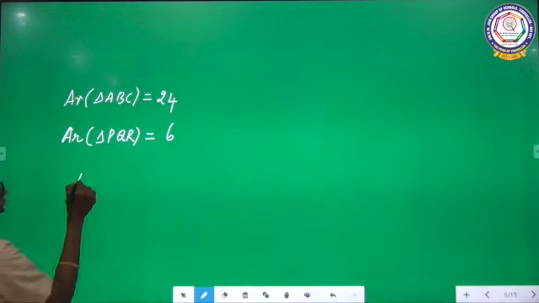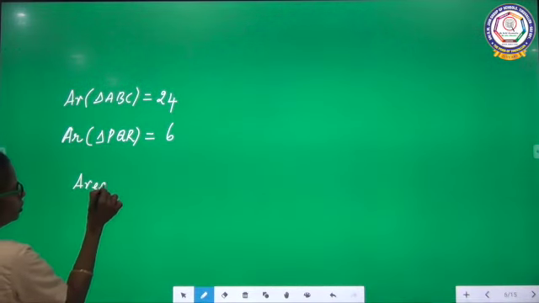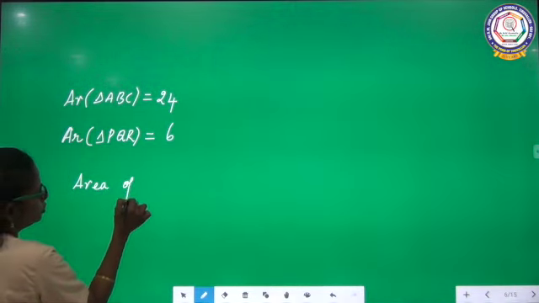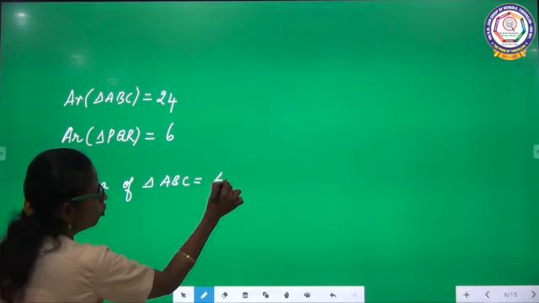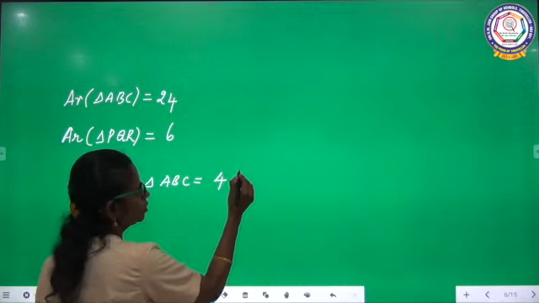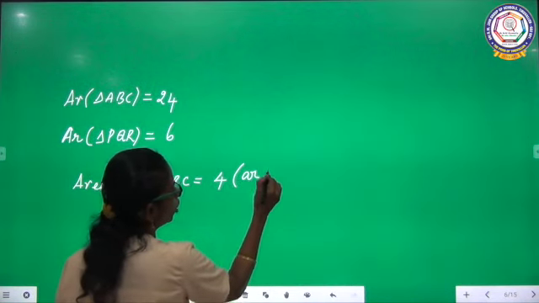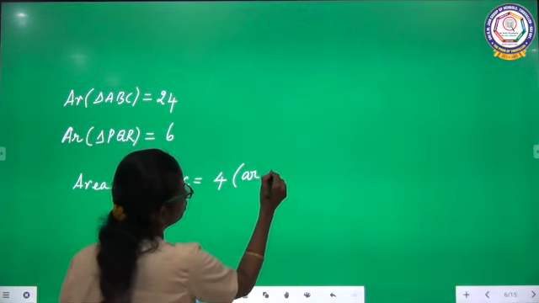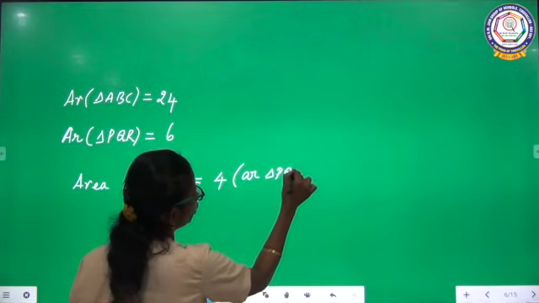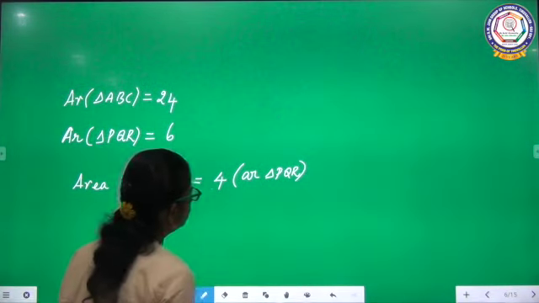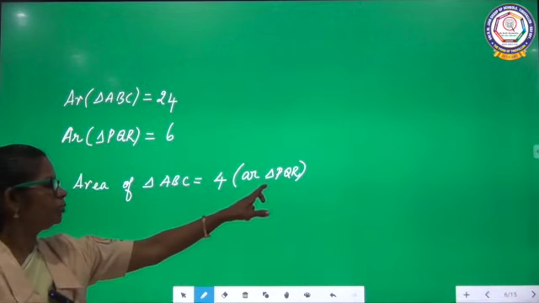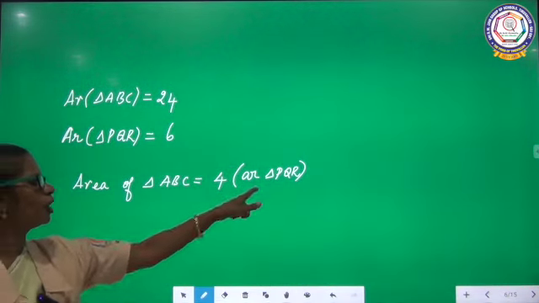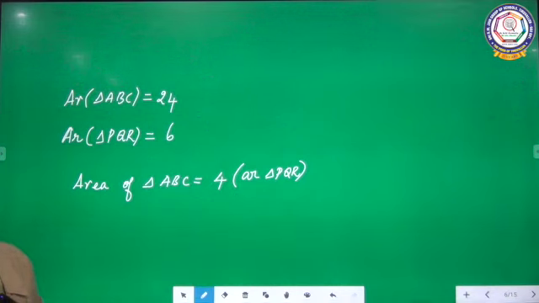Now area of a triangle ABC equal to 4 times area of a triangle PQR, right? 24. Area of a triangle PQR is 6. So 4 into 6 you will get it as 24.